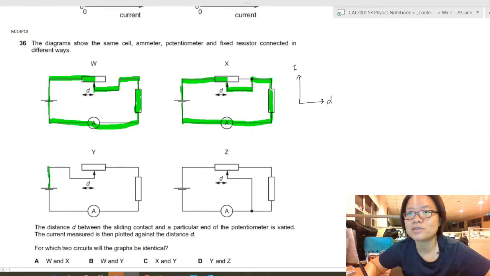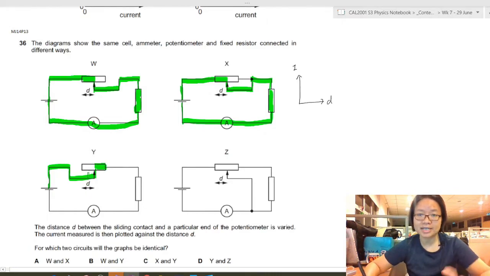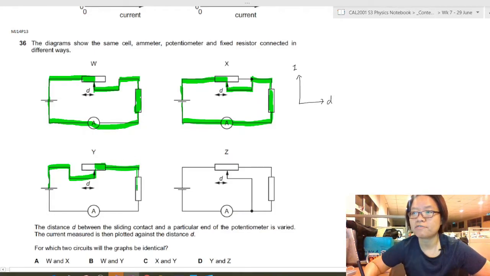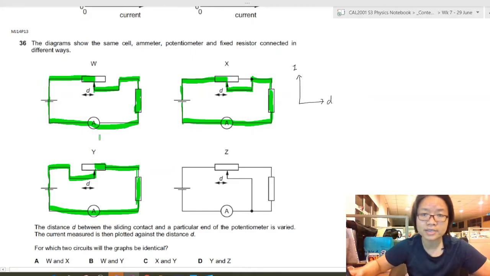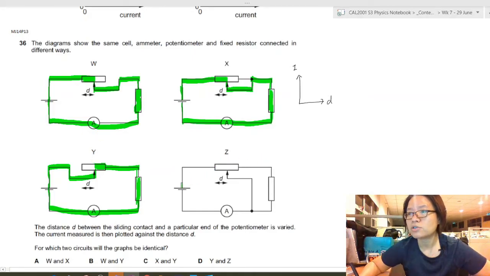What about this one? This one will go like this, follow the wire, but it will not pass through the portion D. The portion that is marked by the length D is empty, because of the positioning of the jockey. So this is definitely out already, although it does pass through the external resistor. So Y is out. Let's consider this one.